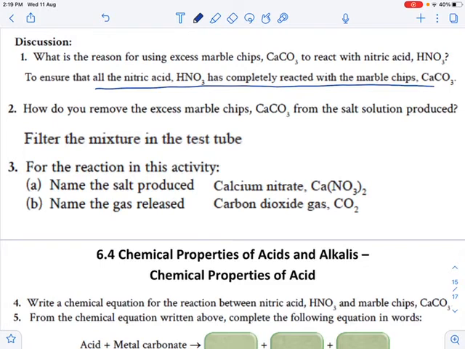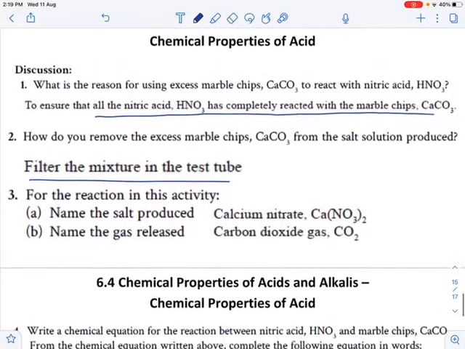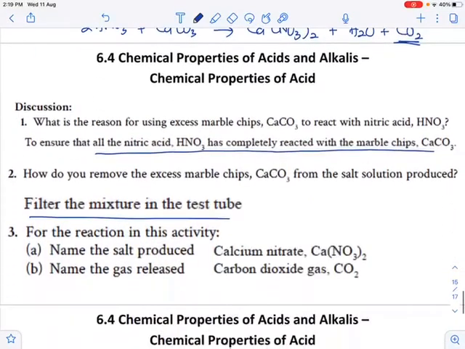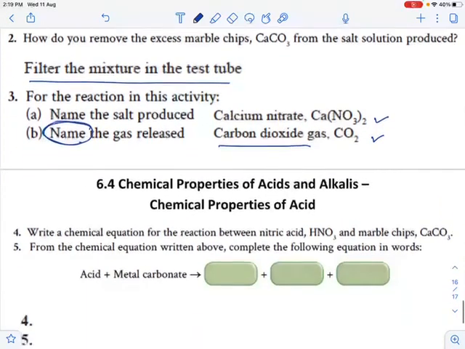Filter the mixture in the test tube. For the reaction in this activity, name the salt produced. Okay, the salt produced is calcium nitrate. And the gas released is carbon dioxide. So you need to write the name of the gas and the name of the salt produced.